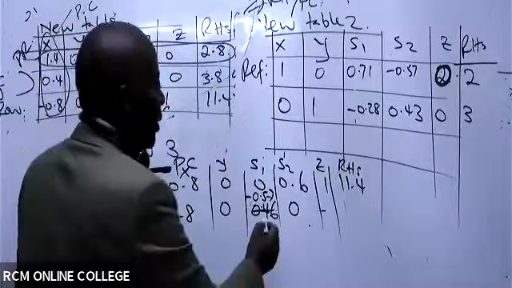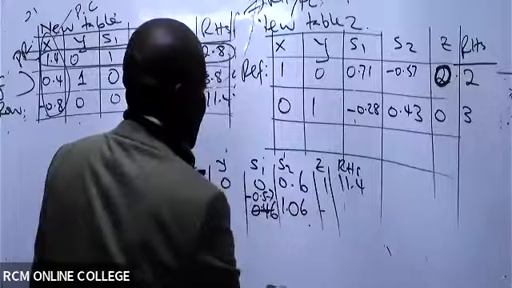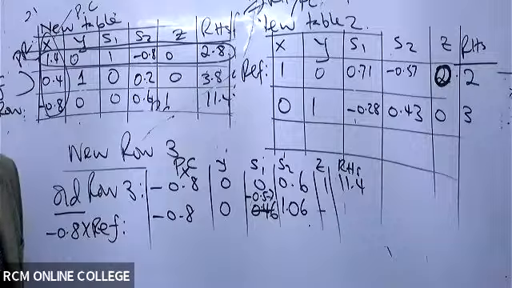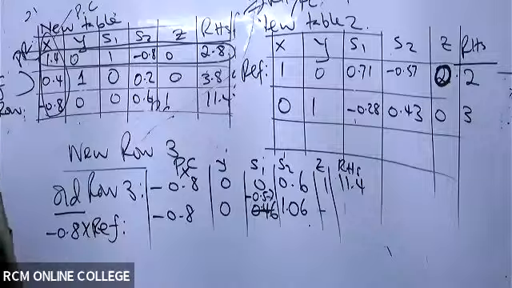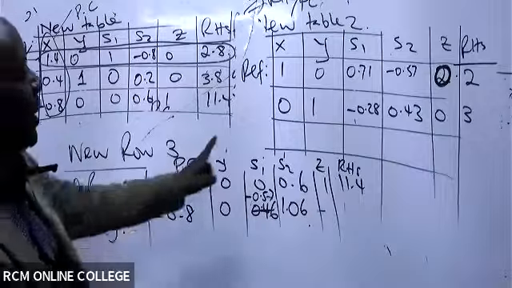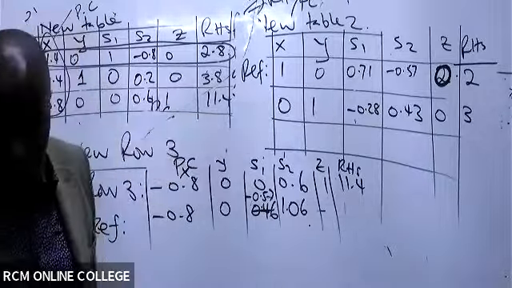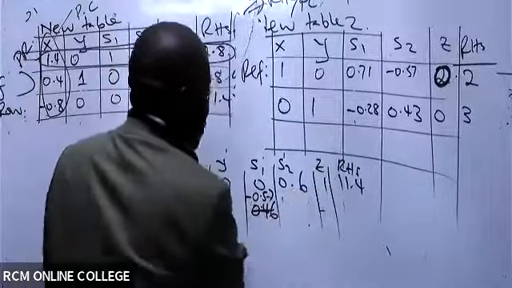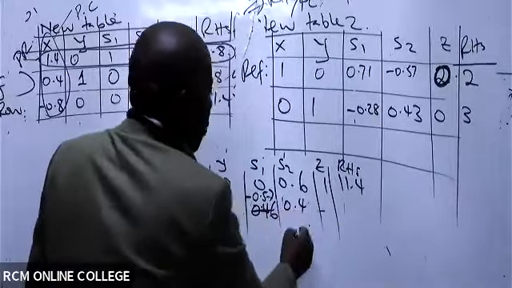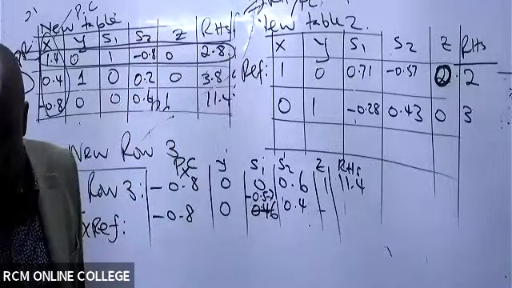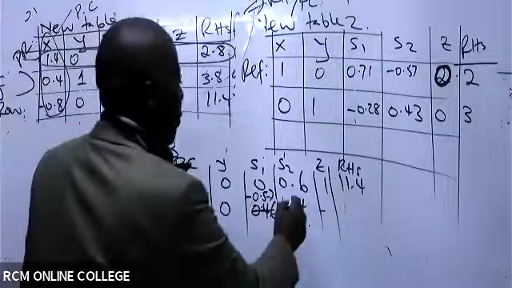S2 is 1.06. Are you sure that S2 is 1.06? No, S2 can't be 1.06. I'm taking 0.8 times that 0.57. What figure do we have? 0.46 positive.